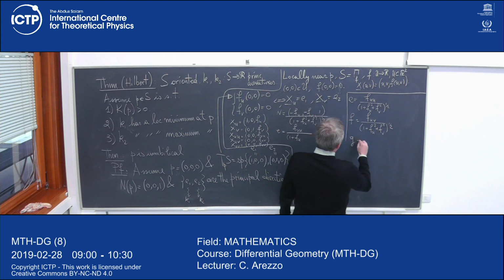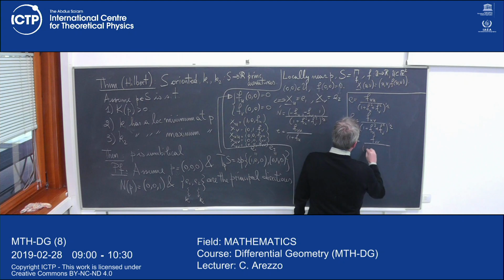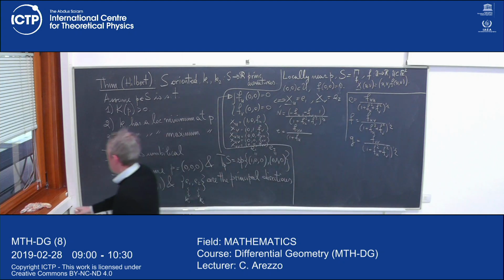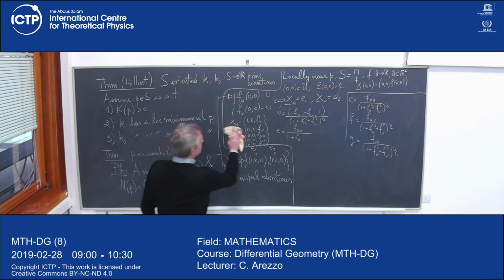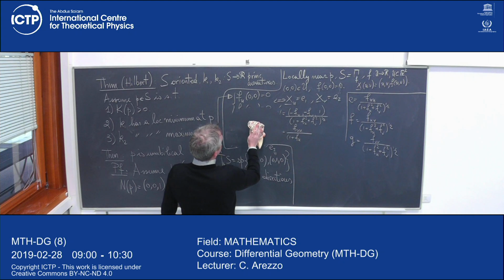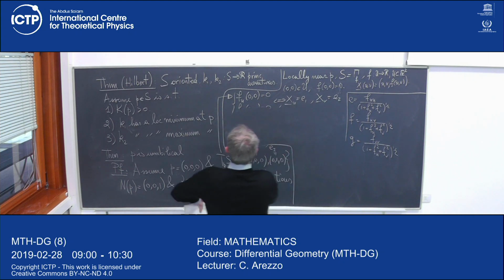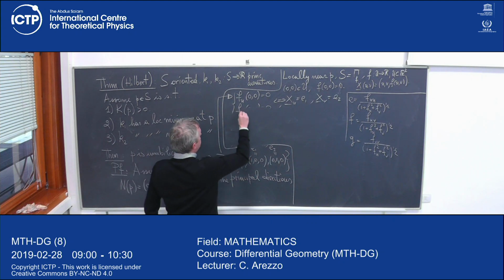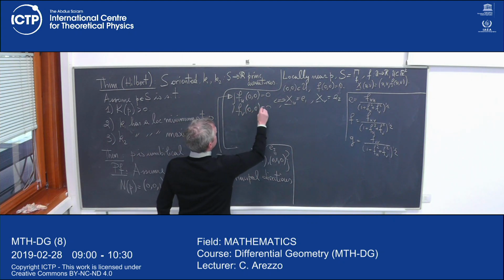And little g is fvv divided by (1 + fu² + fv²)^(1/2). Okay, so I can erase this quick computation. Oops. This, I, fb(0, 0) equal to 0.